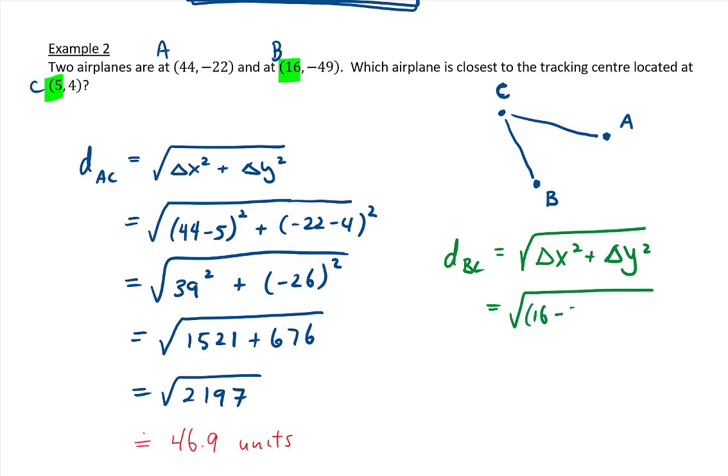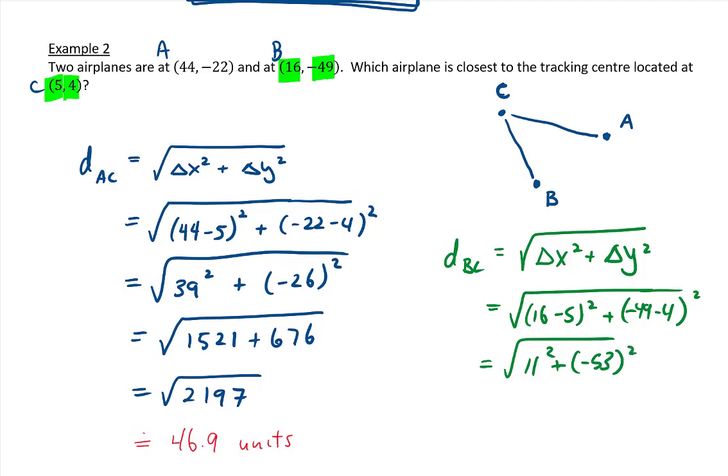So 16 minus 5 squared plus, if we look at the delta y's, we have negative 49 minus 4. So 16 minus 5 is 11, and negative 49 minus 4 is negative 53 squared.